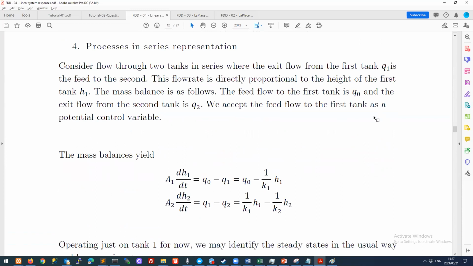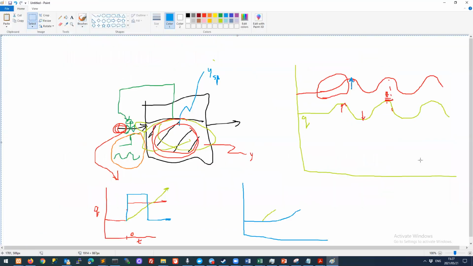Now let's think about a series or a cascade of vessels. So let's say, let's just clean this up. So let's say you have one tank here. So here's your A tank. So you've got something in this tank, and here's your inlet stream.